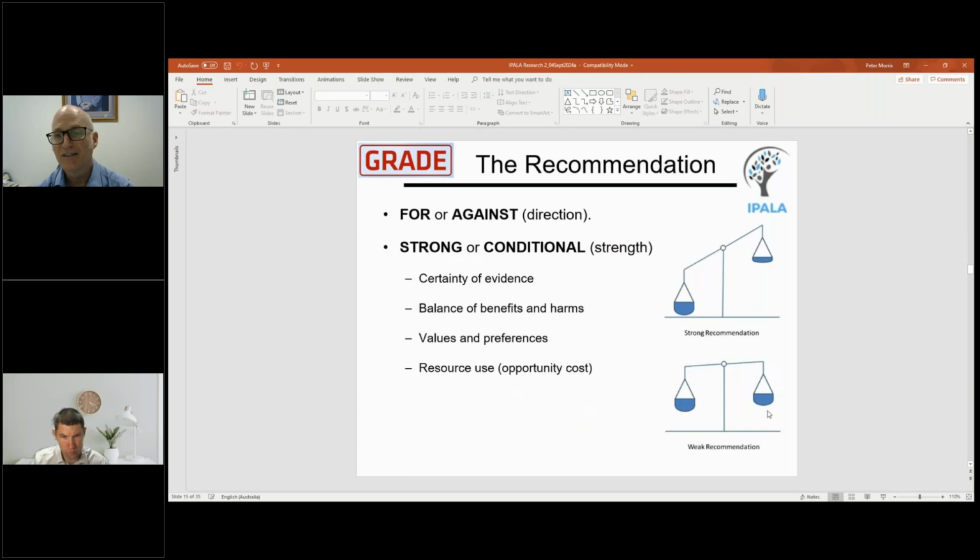One is the certainty of evidence. So if the evidence is high or moderate certainty, you're more likely to be able to make a strong recommendation. But you might not.